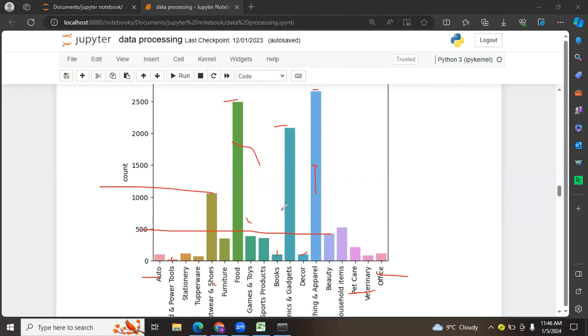But from this graph we see that the whole market is based on food items and clothing products.